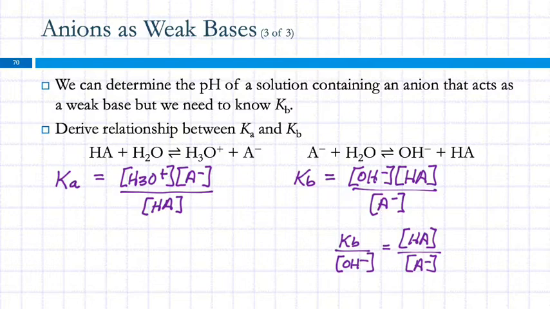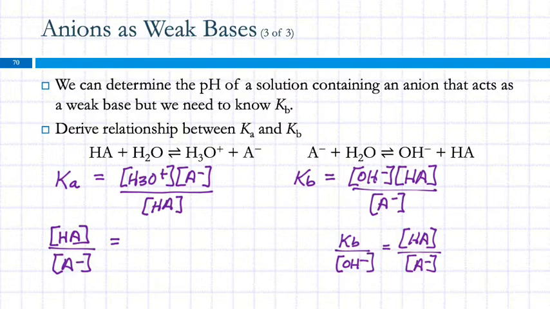The only reason I rearranged it like that is because it's a little bit like playing chess, and you have to think a couple steps ahead of where you're going. And then I'm going to take this one and rearrange it in the same way. I want to get HA over A minus.